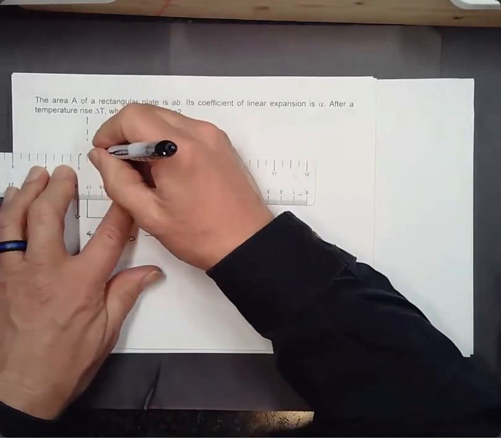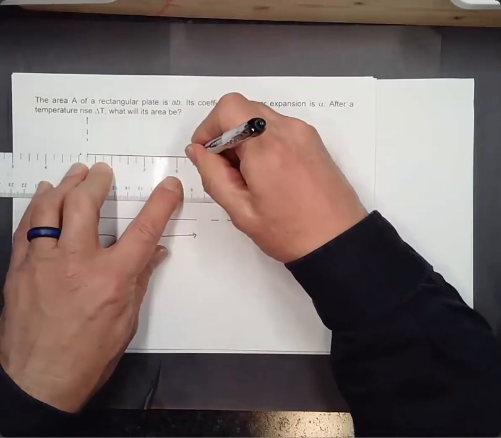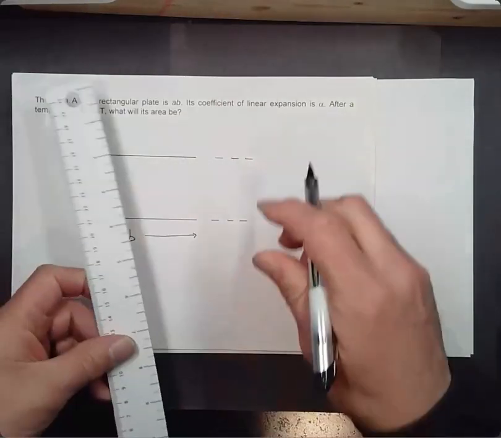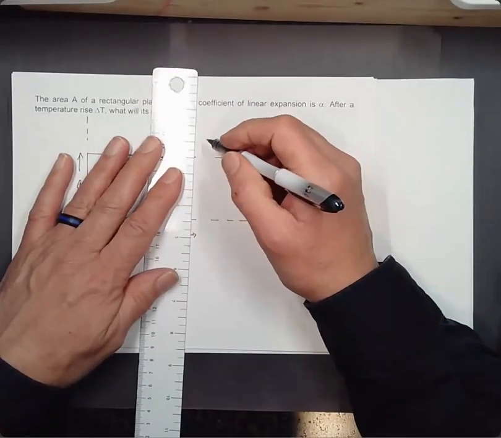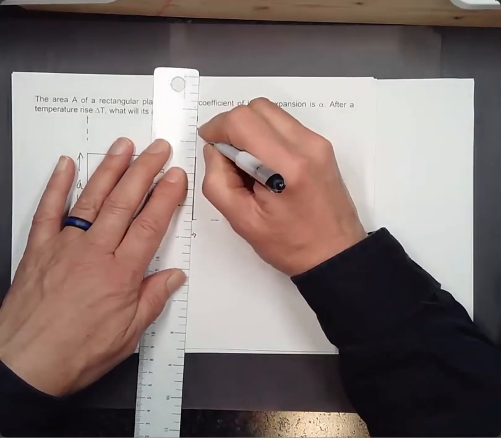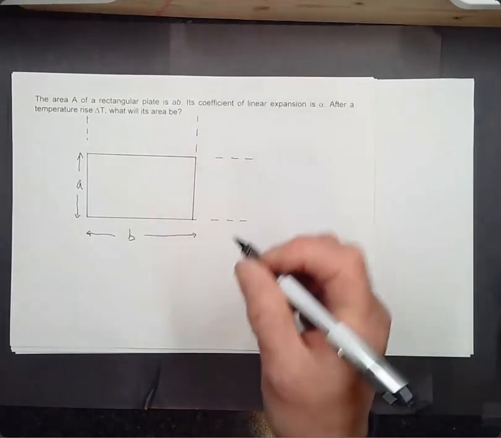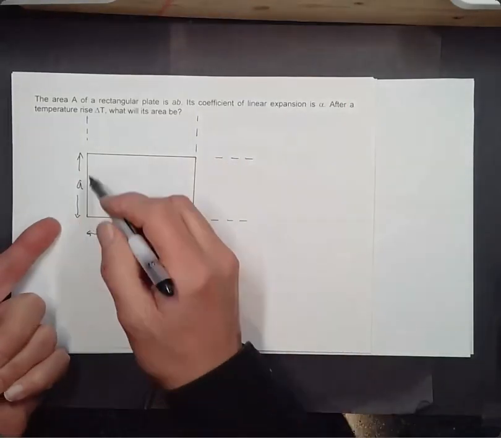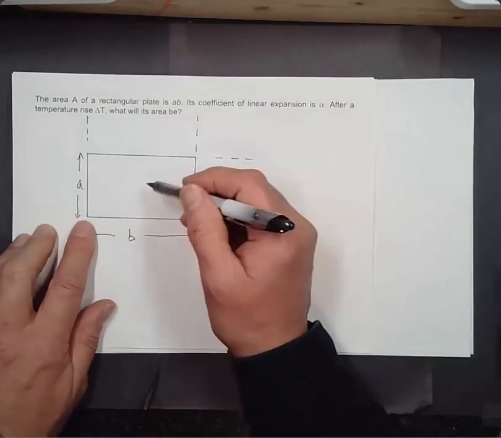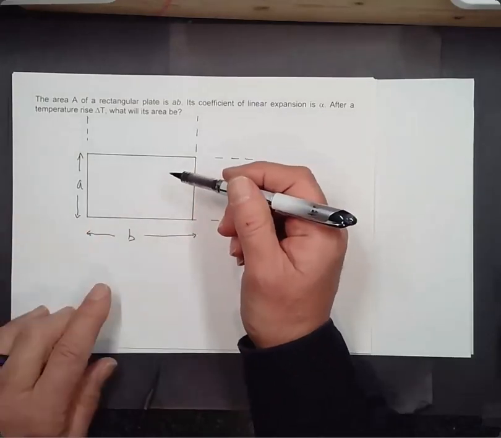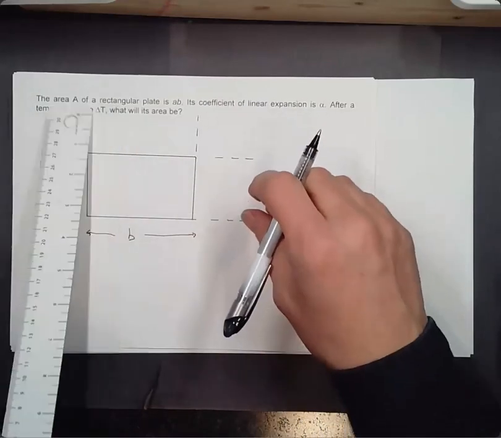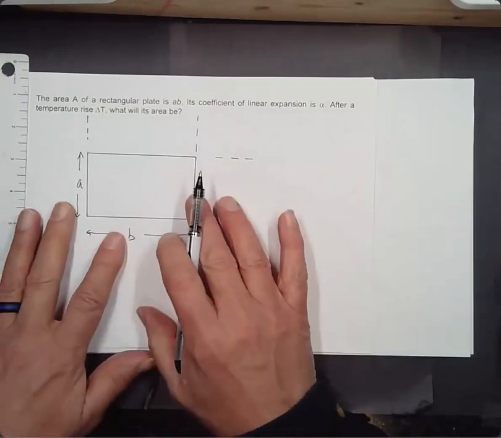That looks pretty parallel. Didn't quite do it long enough, but good enough. Okay, so here's the original area that we have. It's some original T, and the area is going to be AB, just length times width. But now let's imagine what's going to happen when we raise the temperature of this.